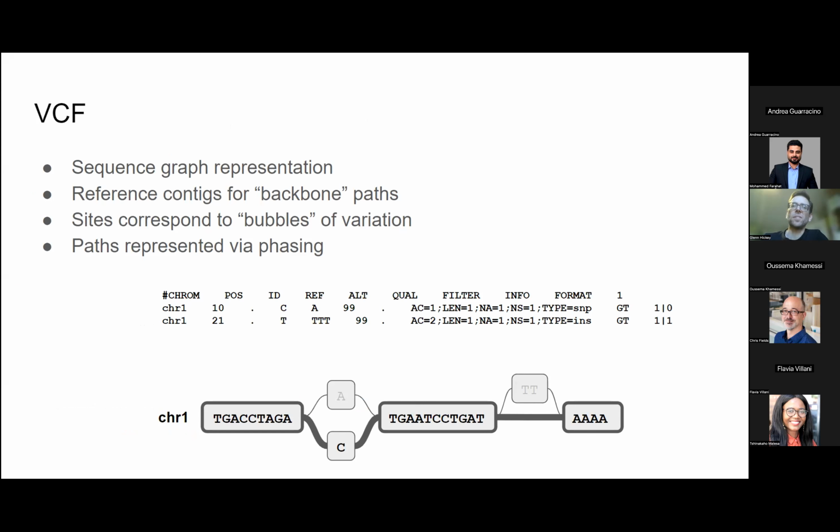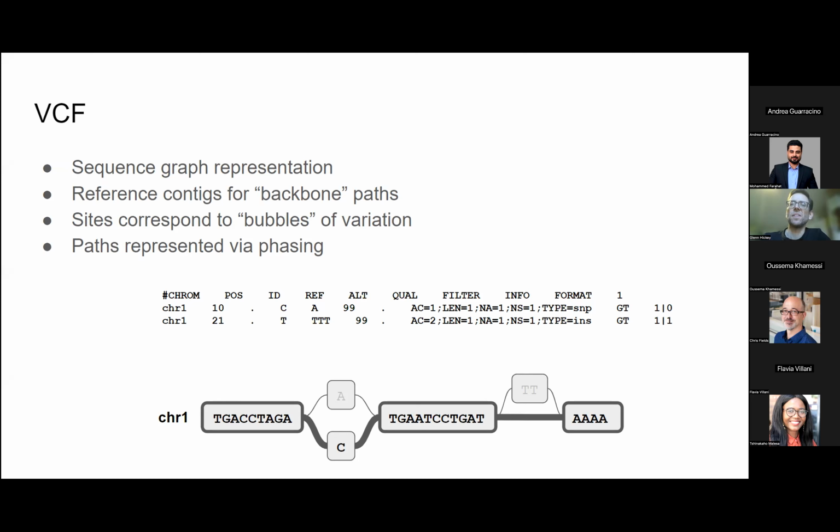If you go back to the 1000 Genomes project, I'm sure a lot of you are aware of VCF files, variant call files. VCF is basically the text you see here in the middle of my slide. It gives you a set of variants and positions. So the first line of my VCF says that position 10 of chromosome 1, the C in my reference genome changes to an A in this sample, et cetera. The VCF files we've been dealing with from the 1000 Genomes project are very much analogous to pangenome reference graphs.